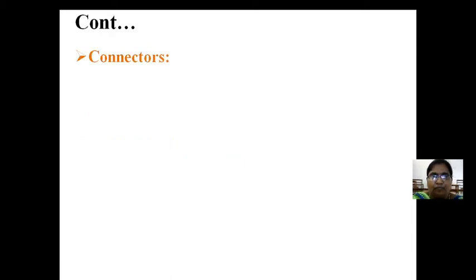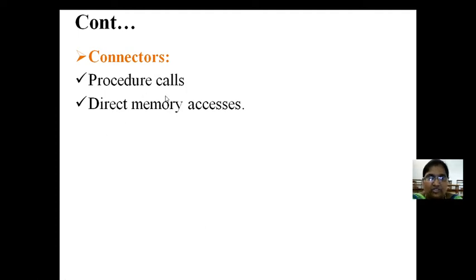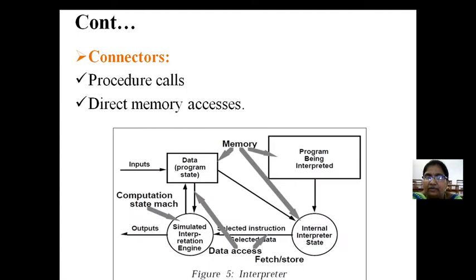Let us see the connectors. One is a procedure call, and one more is direct memory access. If you observe this diagram, the input of a program is the data, depending on your requirement. Where is the data stored? In the memory itself. This memory data is accessed by our program to be interpreted.